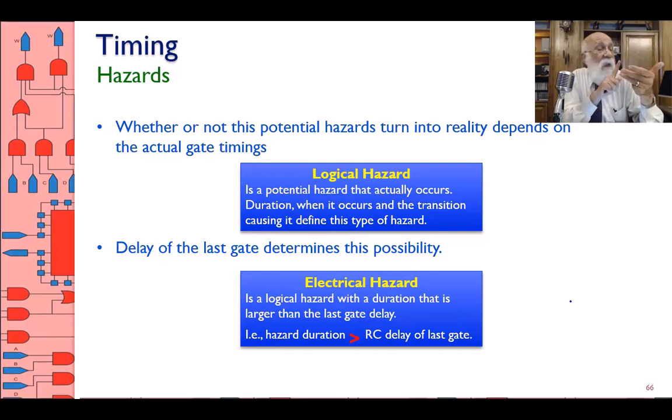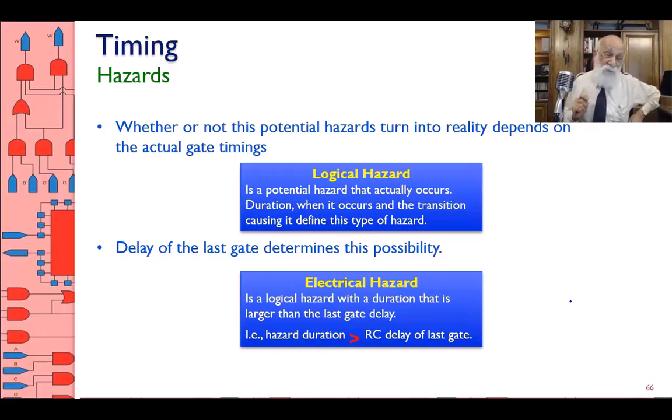My input changes from 1 to 0, the duration is 5 nanoseconds, and let's say 10 nanoseconds after the input changes, the hazard begins. So all these properties, the transition of the input, the time after the input change that the hazard begins, and the duration of the hazard, all decide the logical hazard.